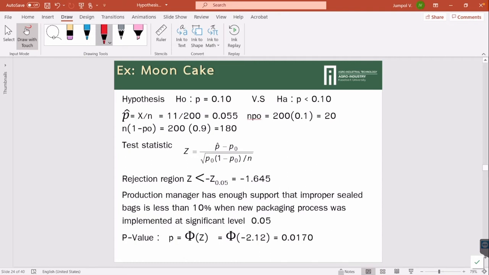Because it is less than the significance level, we reject the null hypothesis.